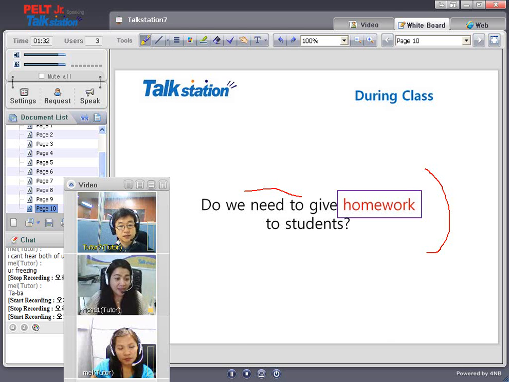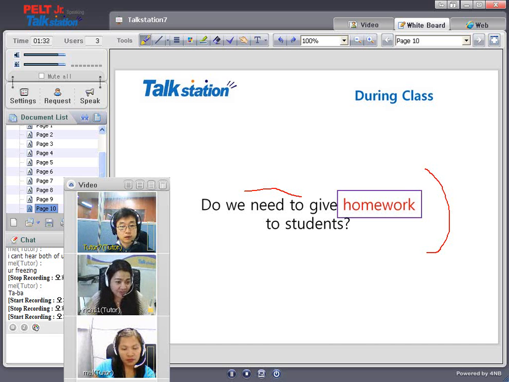However, we need to remember, sir, that our students also study in Korea. They also have two classes. So 25 minutes, sir, is not really appropriate, not enough if we also give homework and then check the homework.